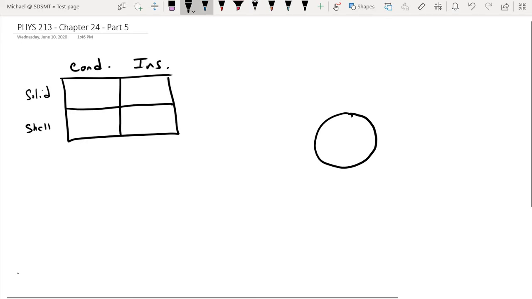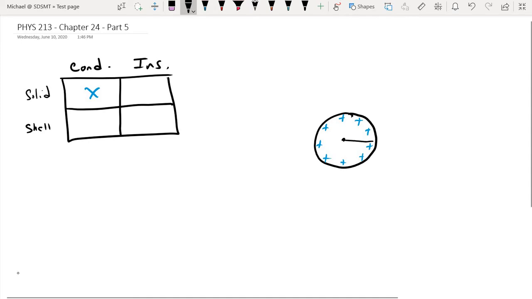So we'll start with a uniformly charged solid conductor, and because it's made of a conducting material, we automatically get a uniform charge distribution about the surface.